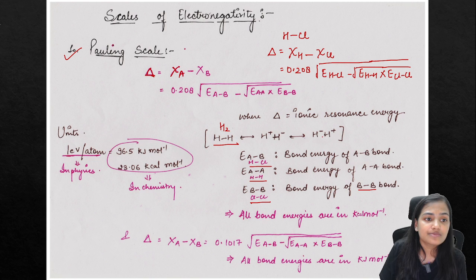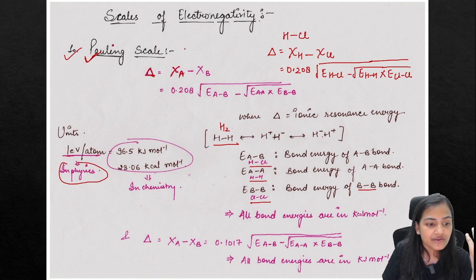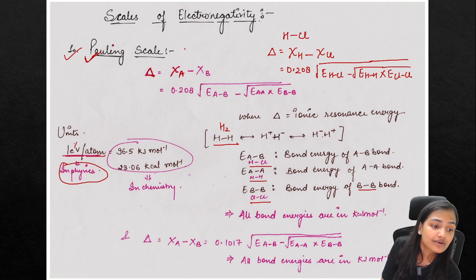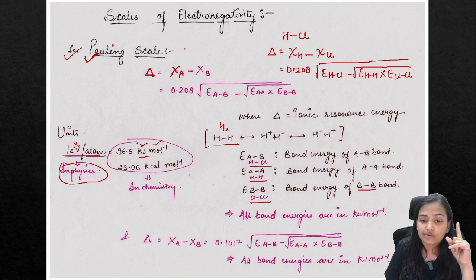Okay, so this is being said by Pauling. Here, usually whenever we find out the energies in physics we use electron volt per atom, but in chemistry, rather than calculating in terms of electron volt, we will be calculating in terms of kilojoule per mole. So 1 electron volt is equal to 96.5 kilojoule per mole.